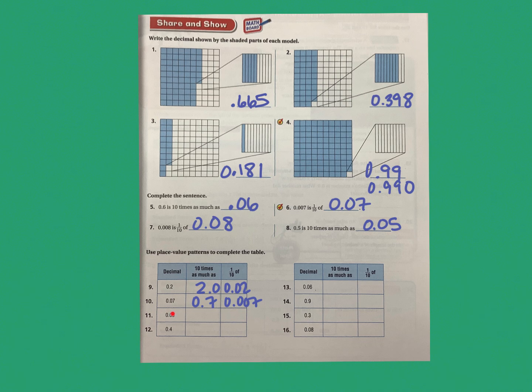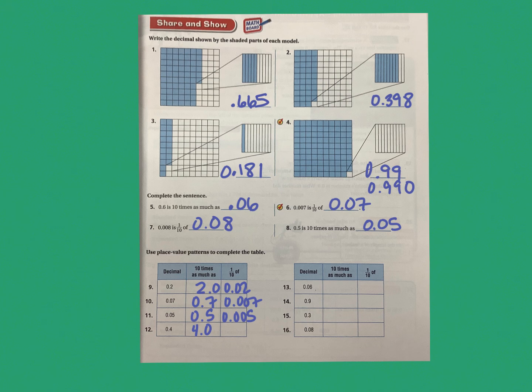This is 5 pennies. What's 10 times the amount of 5 pennies? 5 dimes. 5 pennies times 10 is 50 cents, 5 dimes. And 1/10 of that, so if I have 5/100ths and I'm going to chop that into 10 pieces, then I'm going to have 5/1000ths. 10 times the amount of 4/10ths, 4 dimes times 10 is going to give me $4 or 4.0, or just 4 you can even call it.